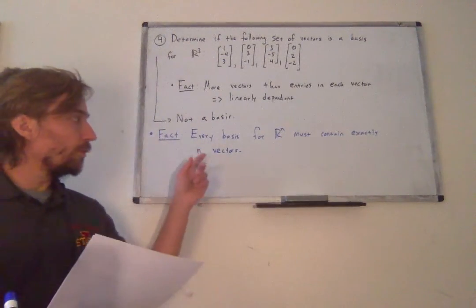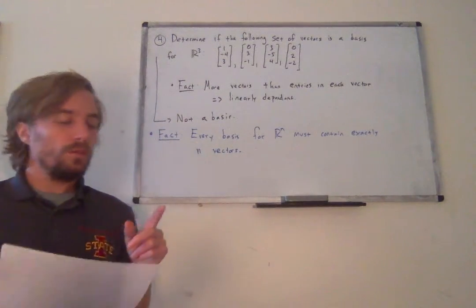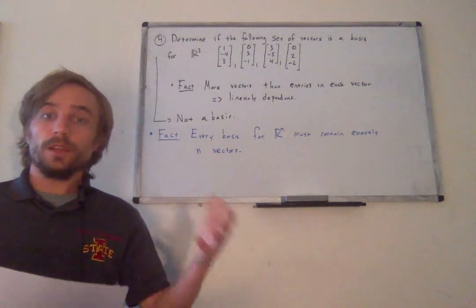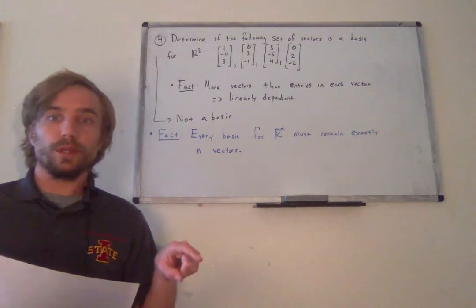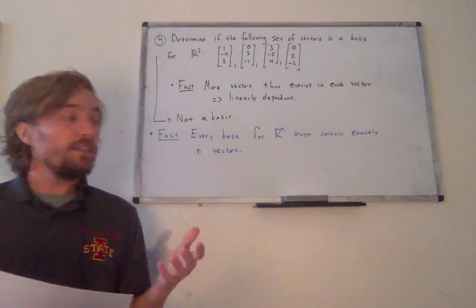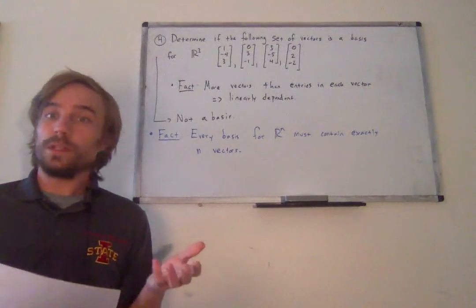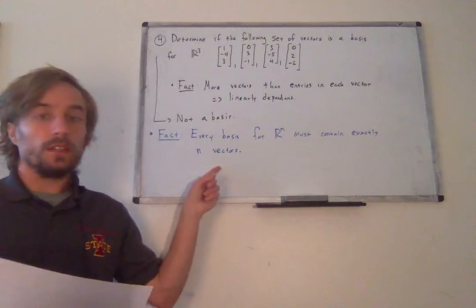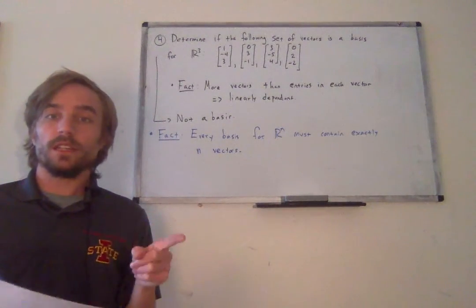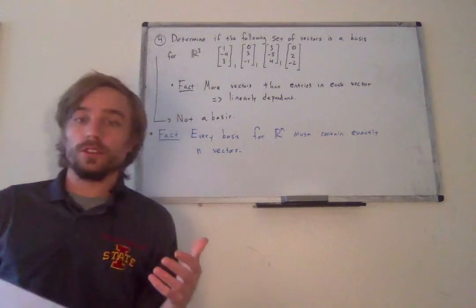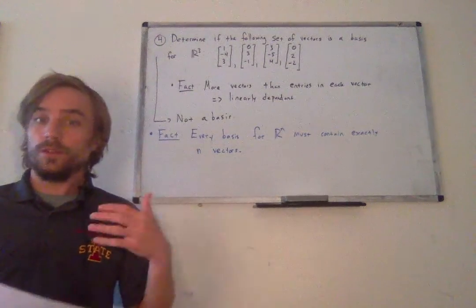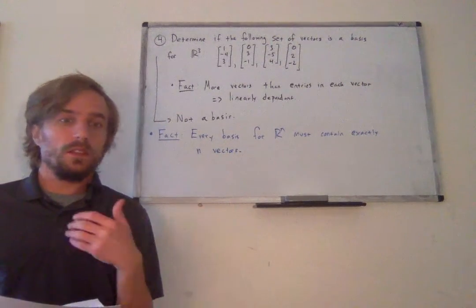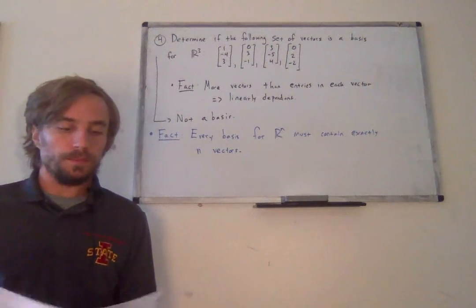This is a huge fact, because if you contain too few vectors, you'll never be able to span the whole space because you'll never have a pivot in every row. If you contain too many vectors, then as we've seen, you won't be linearly independent. So every basis for Rn always has to have exactly n vectors. If you're given a set of vectors and asked, is this a basis for Rn, and the number is not equal to n, you can just immediately say not a basis.